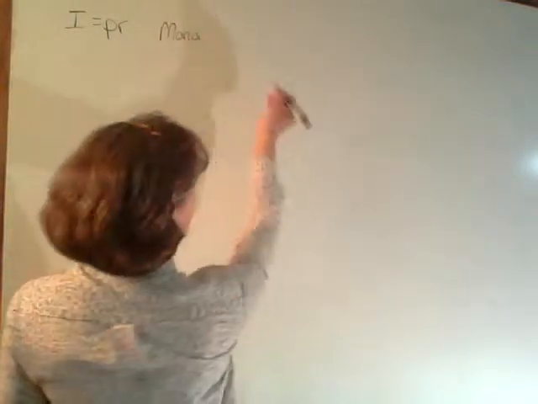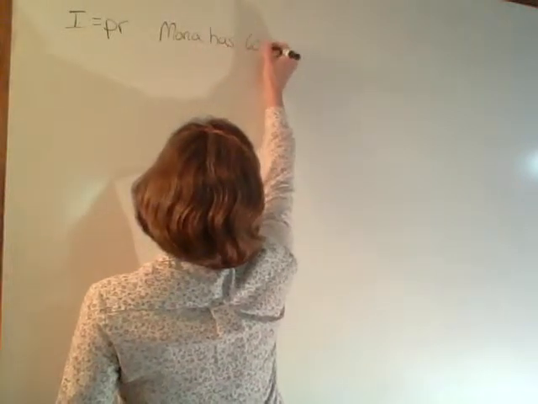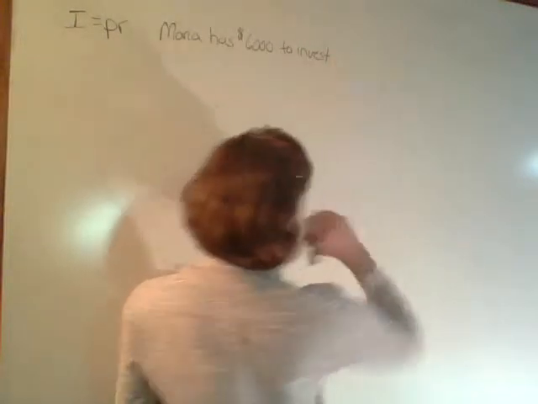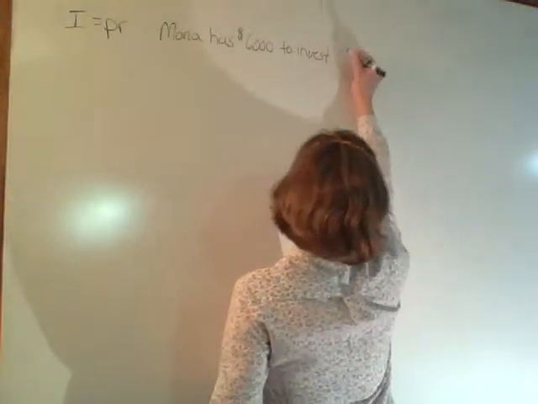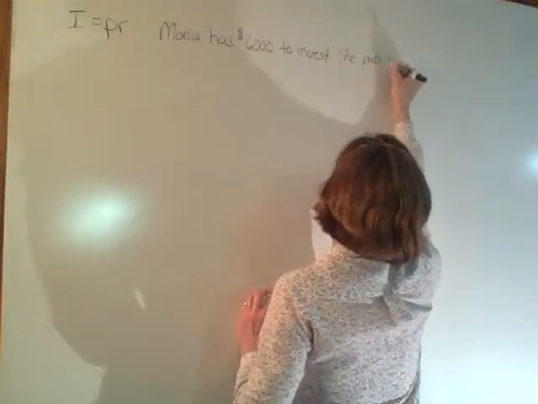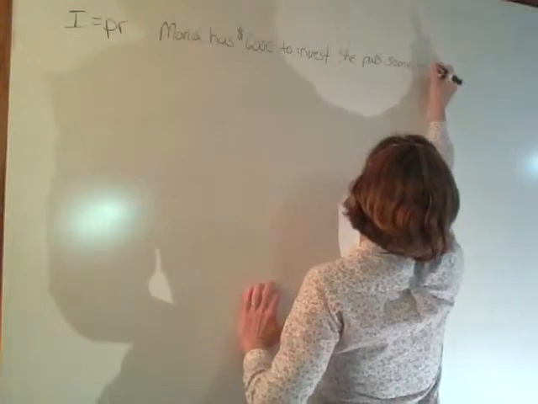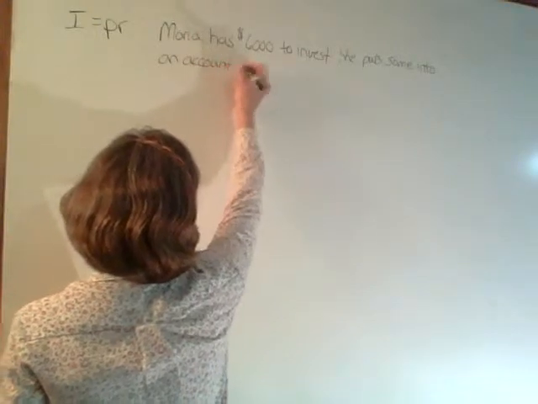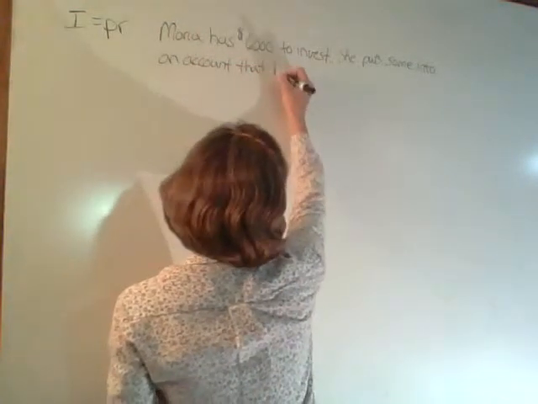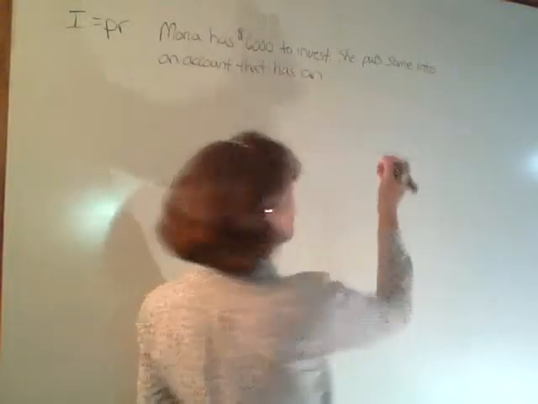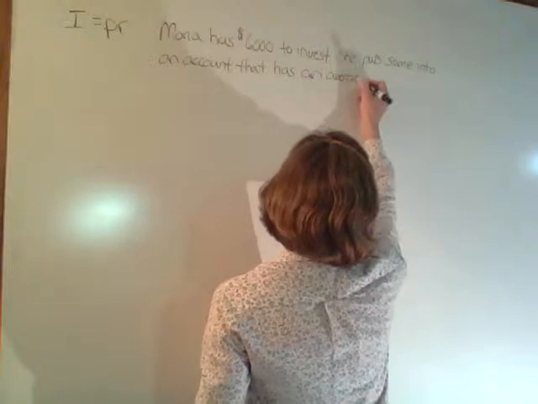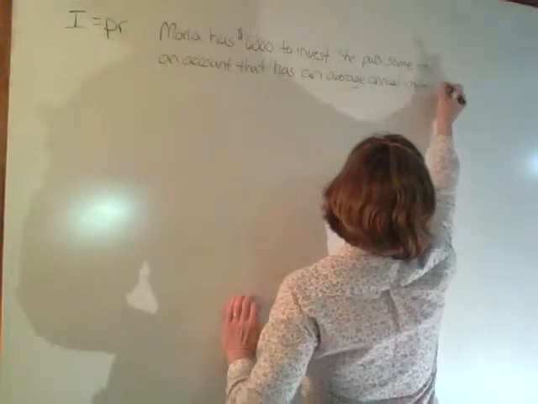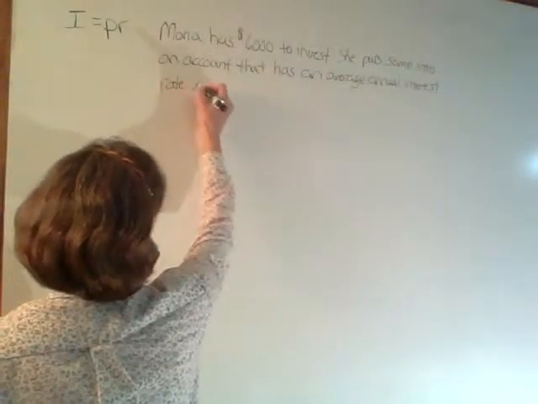Maria has $6,000 to invest. Okay, she puts some of it into an account that has an average annual interest rate of 6%.